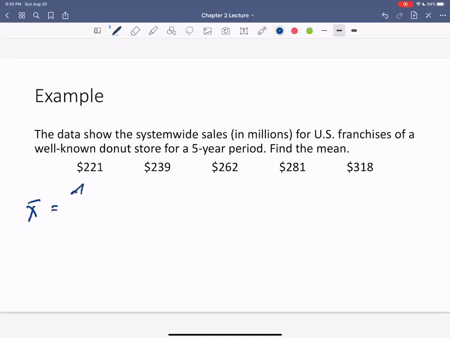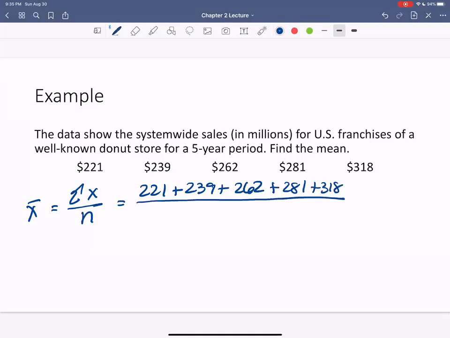So what we're doing is adding all of the x values and dividing by n. So we're taking 221, 239, 262, 281, 318, and dividing by 5, we have 5 of them. 1321 over 5. That gives us 264.2. Now we're not going to say it's $264.2, right?